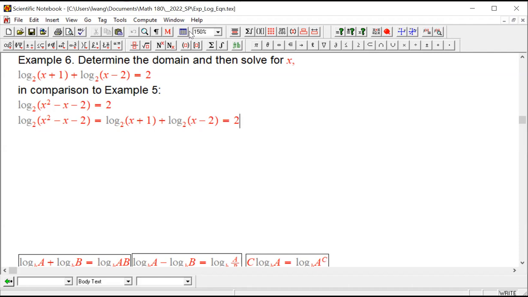Wouldn't that be the same? Are they the same? My answer is no. Big difference. Why?